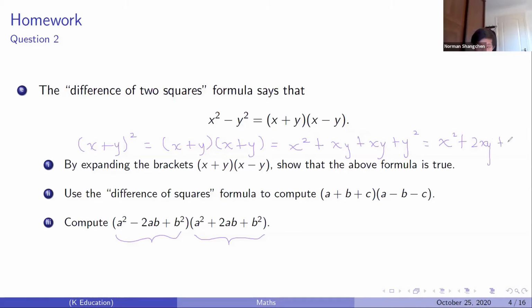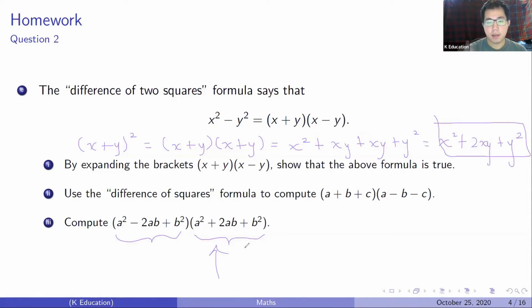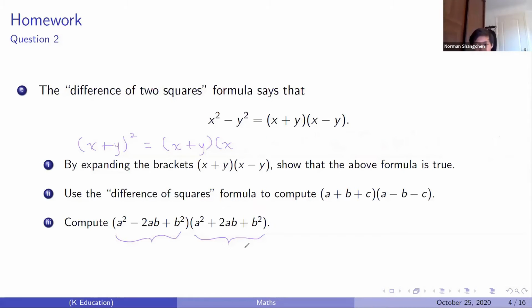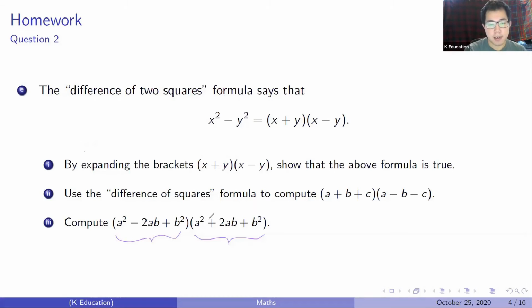Yeah, okay, now look at this and compare with this. Can you see the similarity? Yes. Isn't it just like that expanded? Yeah, so if you had to rewrite the second bracket, a squared plus 2ab plus b squared, how would you rewrite it? It would be a squared plus b squared, close in brackets and squared.